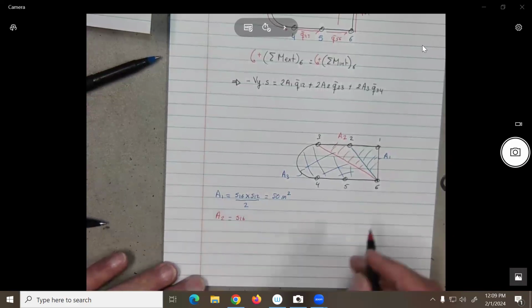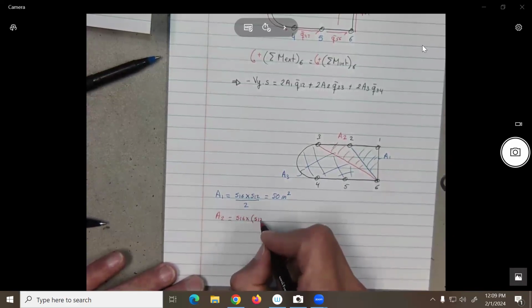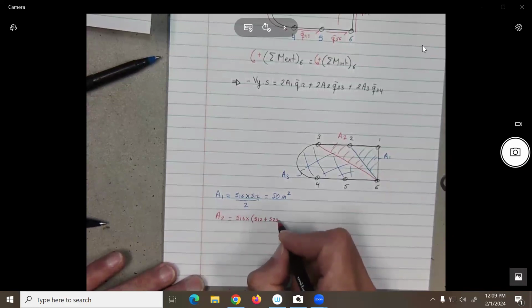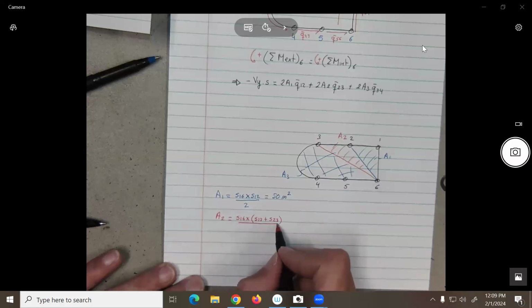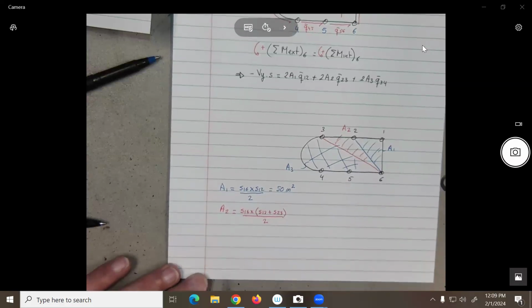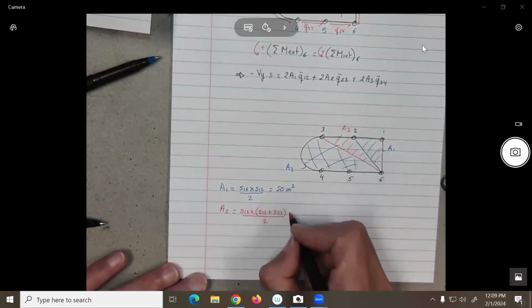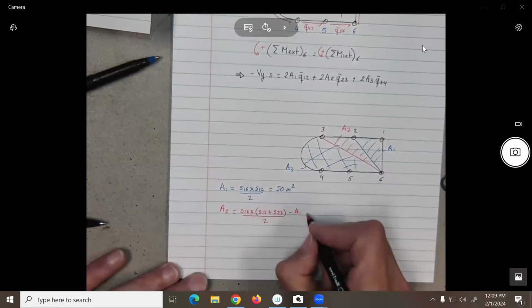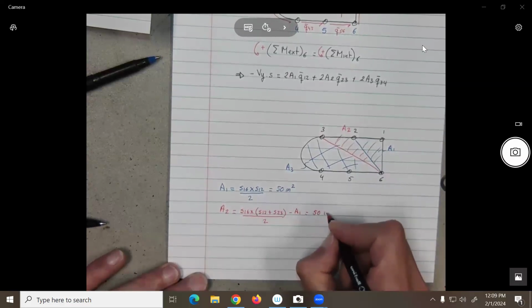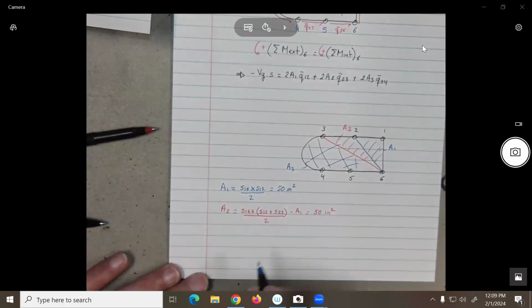Will be equal to what? S16 times what? S12 plus S23 divided by 2. But what do I need to do next? So I have all this one, no? I need to subtract the A1. So again, this will give you 50 inches squared.